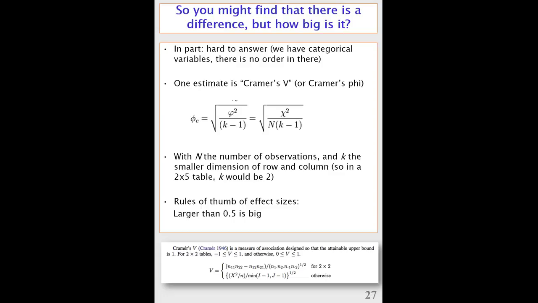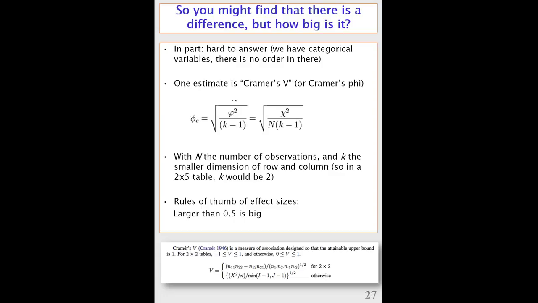If I have a lot of observations and a lot of room to miss, then it's not so weird that I do. And to compensate for that, we also divide by the number of observations. And the standard rule is then also to take the square root of that number, but that's just a convenience.